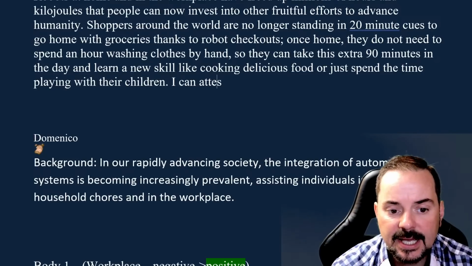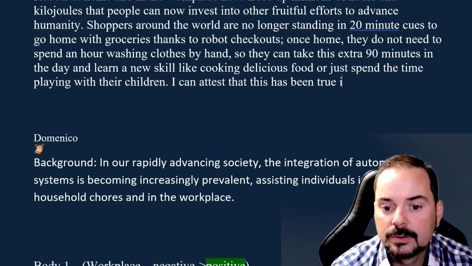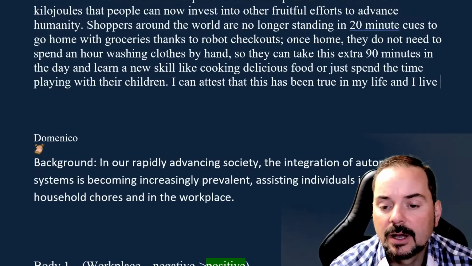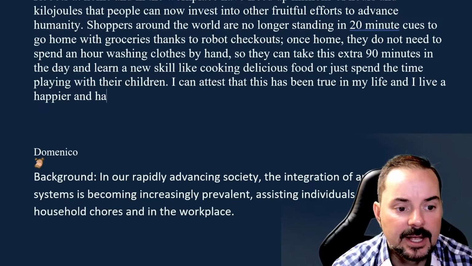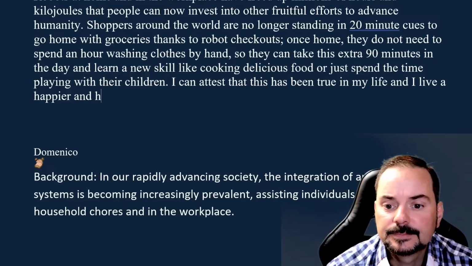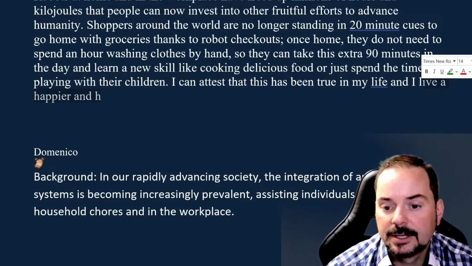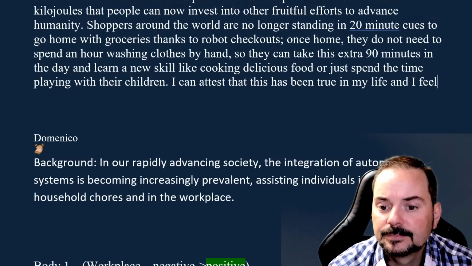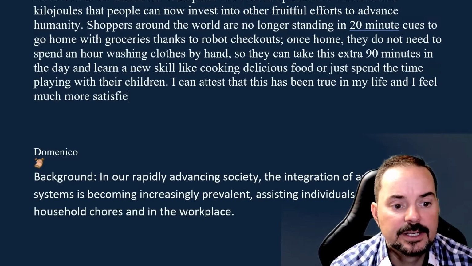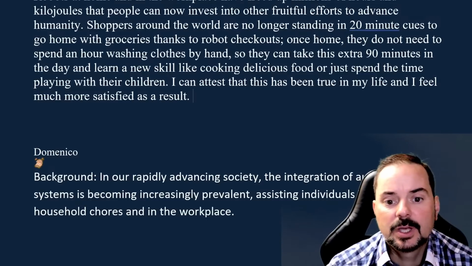I can attest that this has been true in my life, and I live a happier and healthier life, and I feel much more satisfied as a result. Okay?